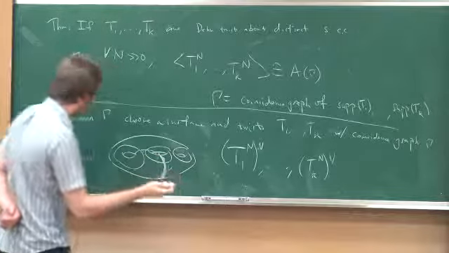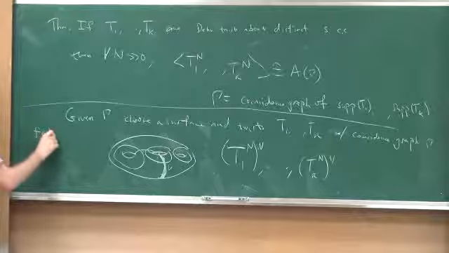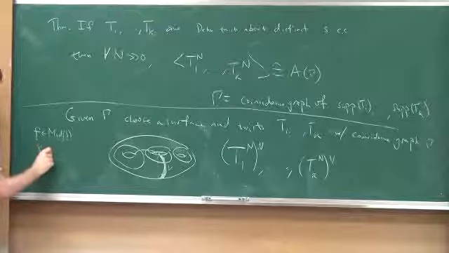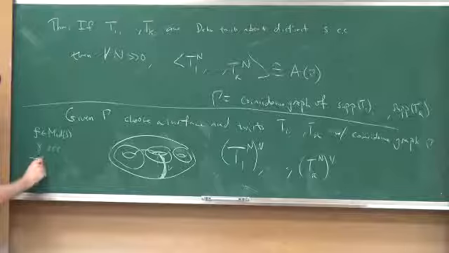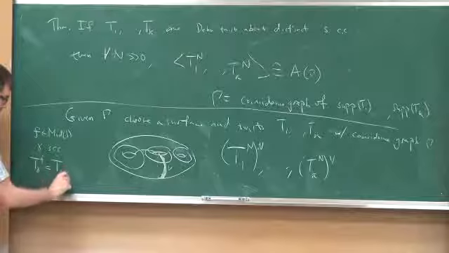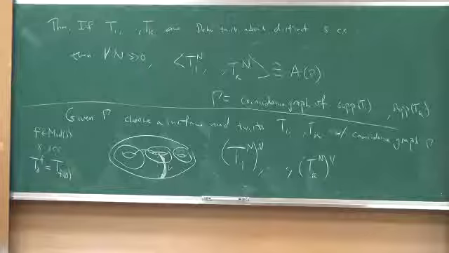It's a general fact, which is a good exercise if you're not familiar with it, that if we have any F in the mapping class group and gamma is a simple closed curve, then T gamma conjugated by F is equal to T of F of gamma, or F inverse of gamma, depending on your convention for the order in which you write F and F inverse when you conjugate.